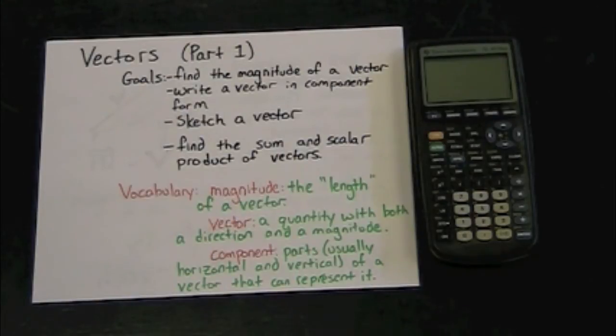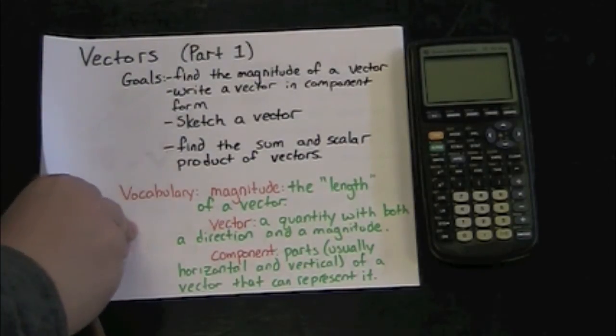A vector is a quantity that has both a direction and some kind of value or magnitude. And a component, or a part, usually are horizontal and vertical. So a component's a part of a vector that we can use to represent it. So we might talk about a vector in terms of its x and y direction.